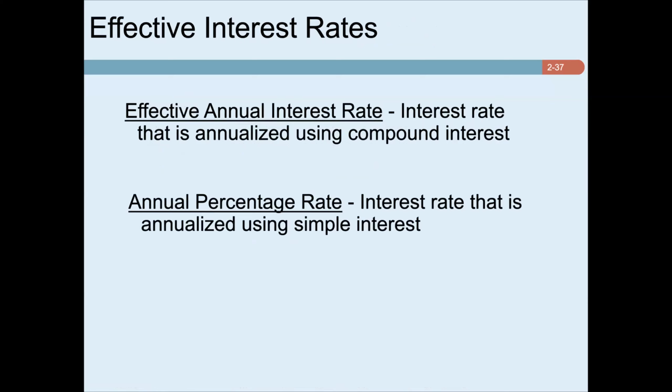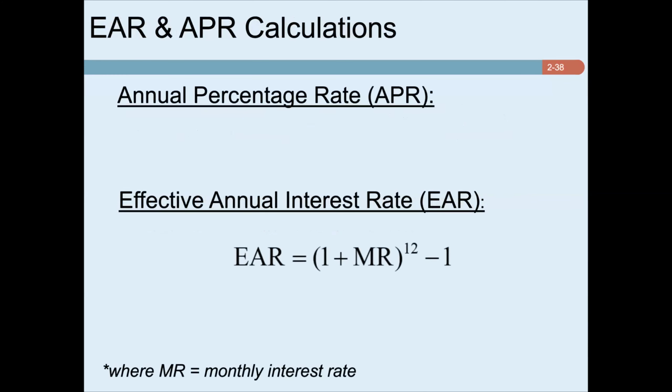So the effective interest rate is how we convert APR to the effective annual rate. Okay, so EAR and APR. EAR is 1 plus the MR, the monthly rate, to the power of 12, minus 1.